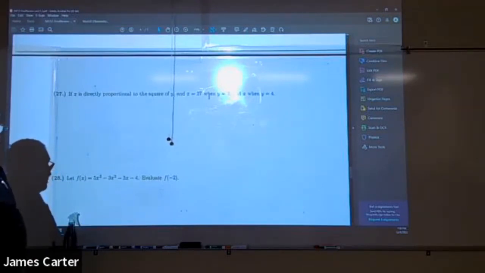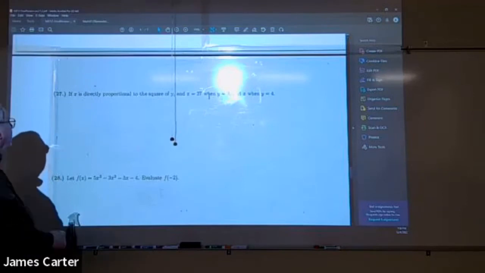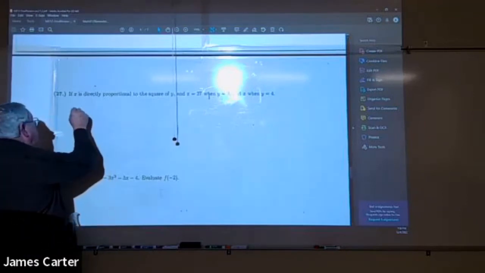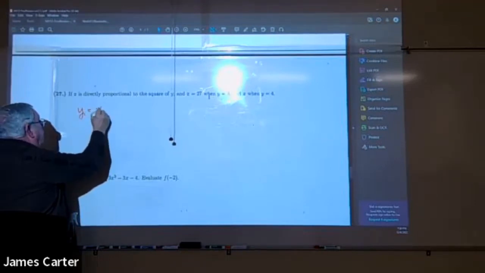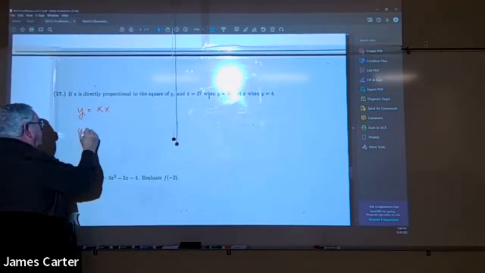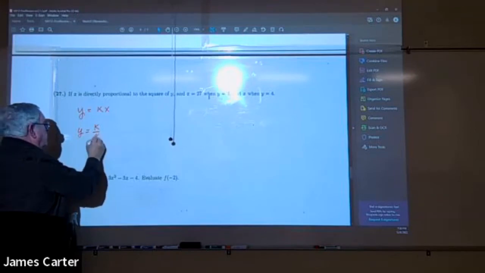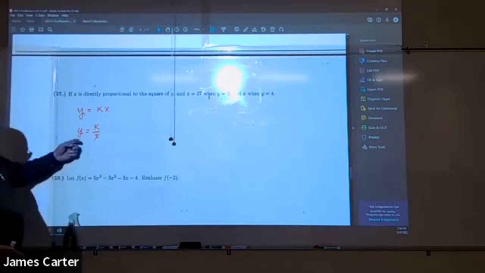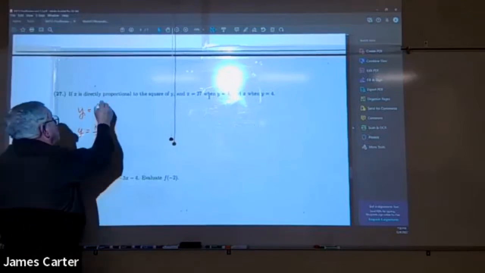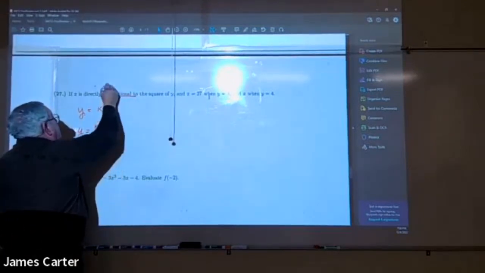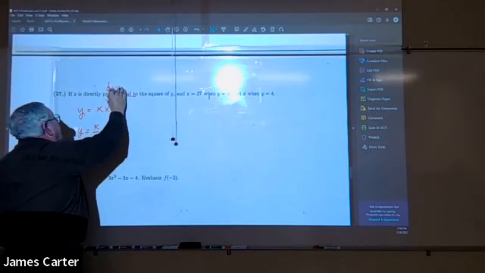Okay, variation. Remember, the most fundamental ones of these are y equals kx and y equals k over x. This one being direct variation, that one being inverse variation. The word proportional means the same thing as direct.